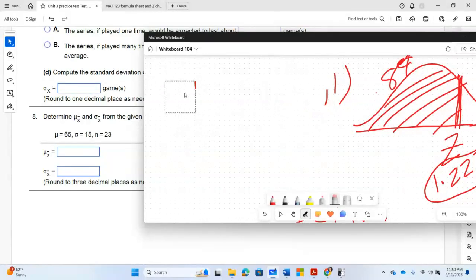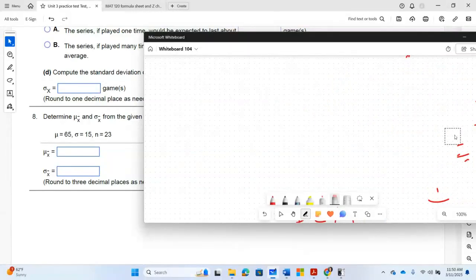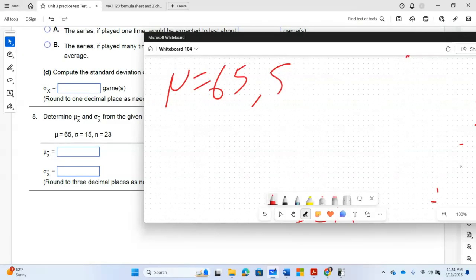We are given number 8 right here, and we are told to find the mean of the central limit theorem. We are given some information. The mean of the original data is 65. The standard deviation of the original data is 15. The sample size is 23.